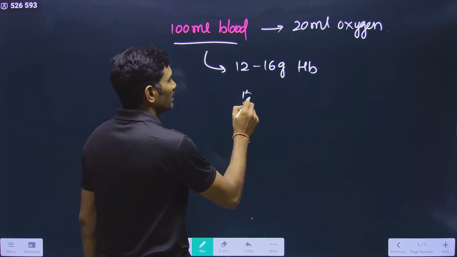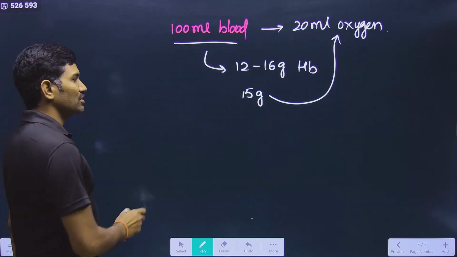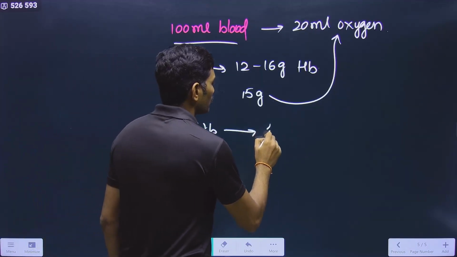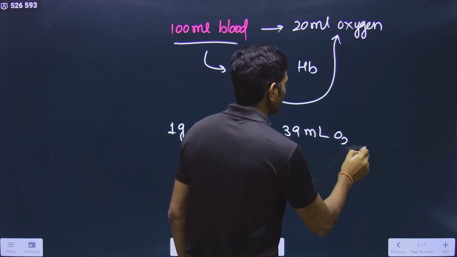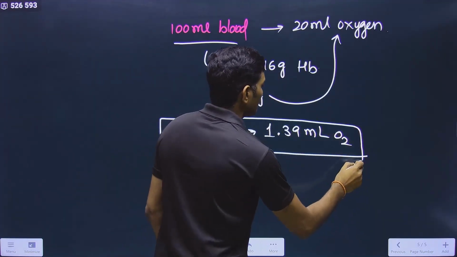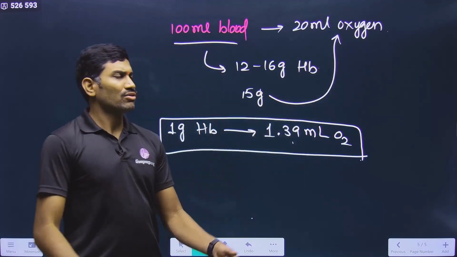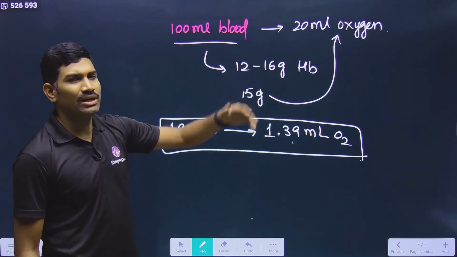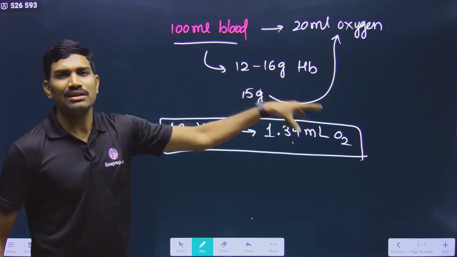If you take 15 grams average, it carries 20 ml of oxygen. How do you calculate this? 1 gram of hemoglobin approximately carries 1.3 ml oxygen. When you multiply with 15, you will get 20 point something. For the round figure, we are taking 20 ml. Sometimes you can take 21 also, no problem. 20.8 somewhere you will get it. Any value you can take, no problem. This is the average calculation.